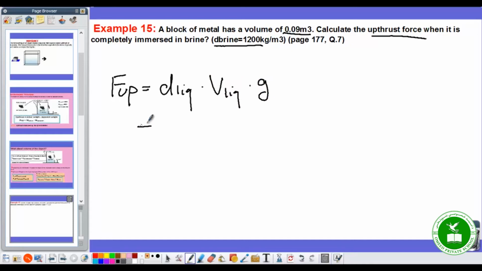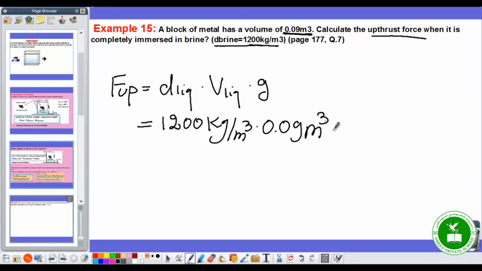Here the density of liquid, as you see, is 1200 kilogram per meter cube, into volume of displaced liquid, which is equal to the volume of the immersed object, that is 0.09 meter cube, into 10 Newton per kilogram.